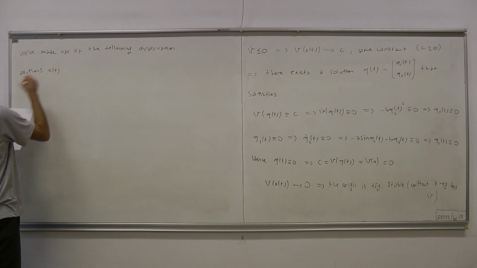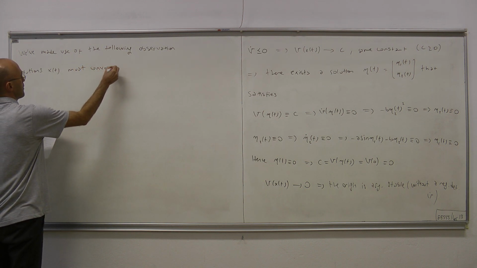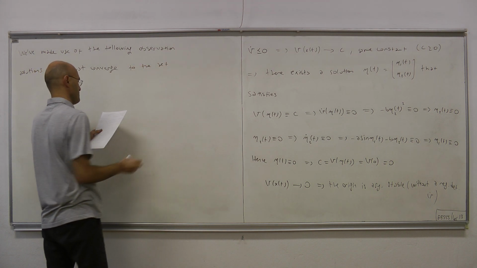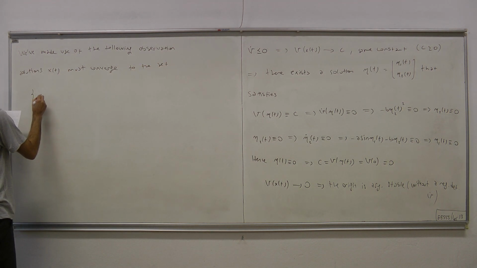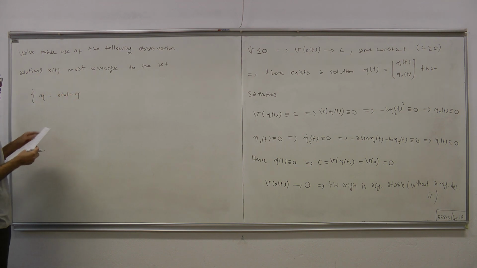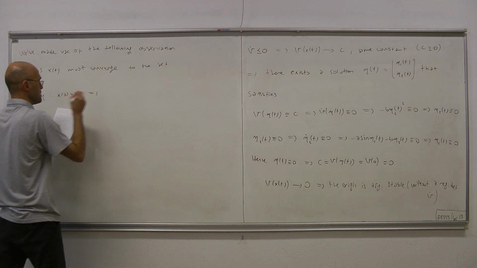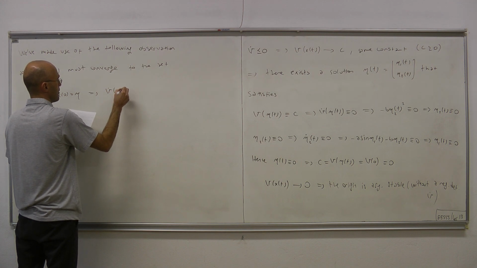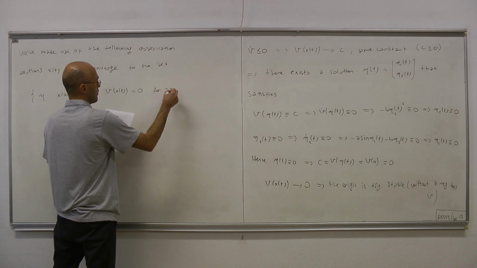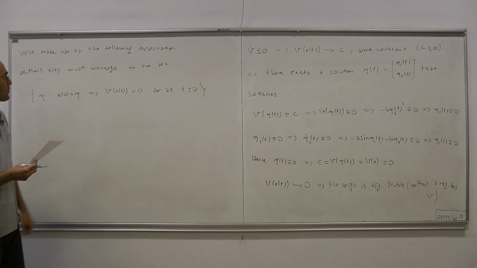Solutions x of t must converge to the set of all points, well, this eta is different than that eta, implies E dot of x of t equals 0 for all t greater than or equal to 0.